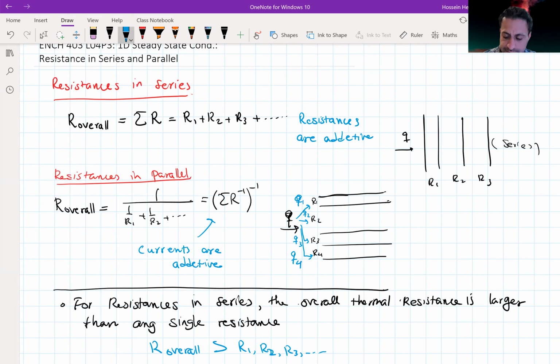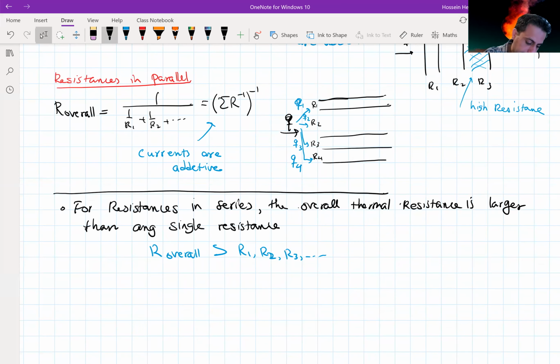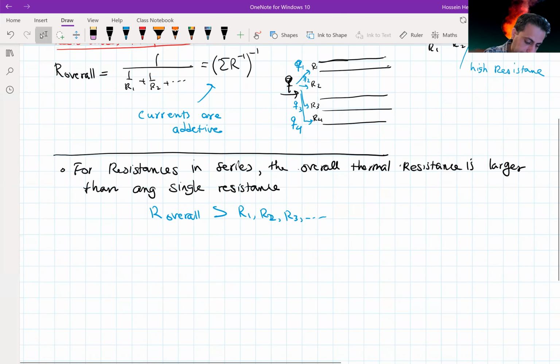No matter if you have 3 or 10 or whatever number of layers arranged in series here, and let's assume one of them has a very high resistance, in comparison to other ones, no matter how low resistance or highly conductive the other layers are, this resistance is going to dictate the heat flow rate, or it's going to act as a great barrier there.